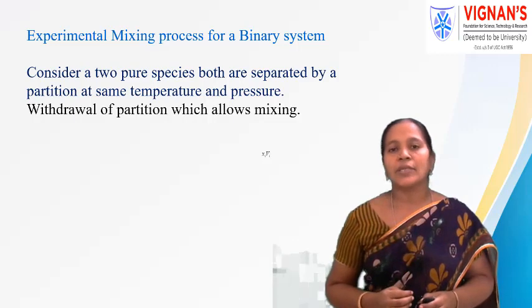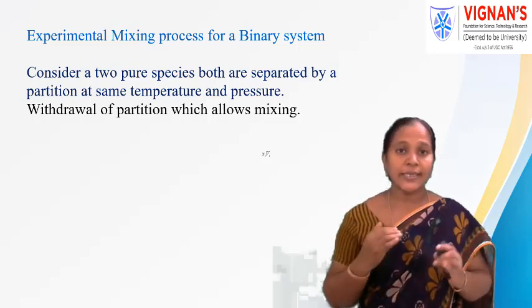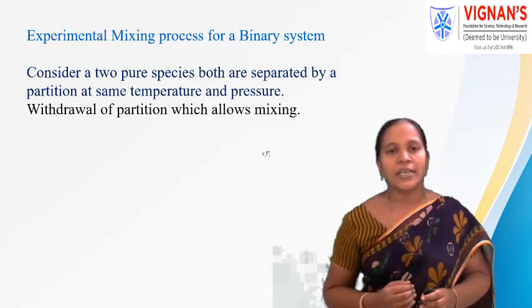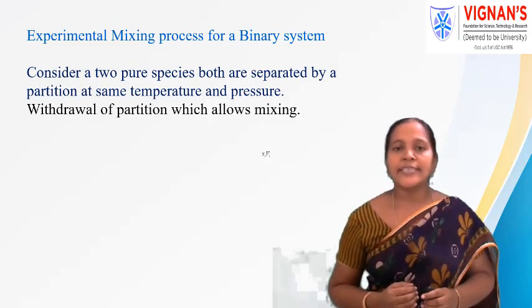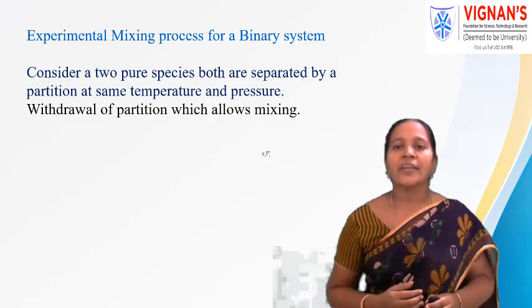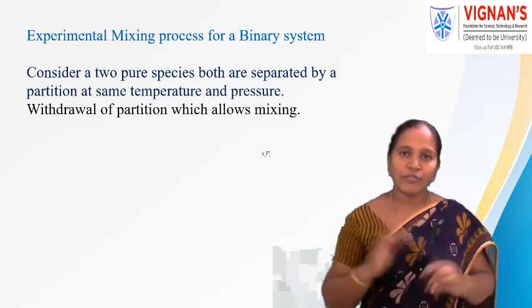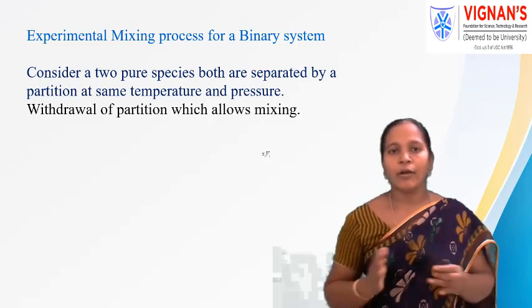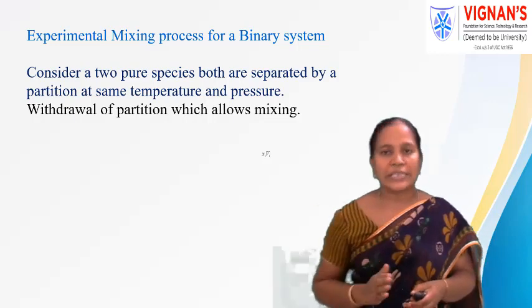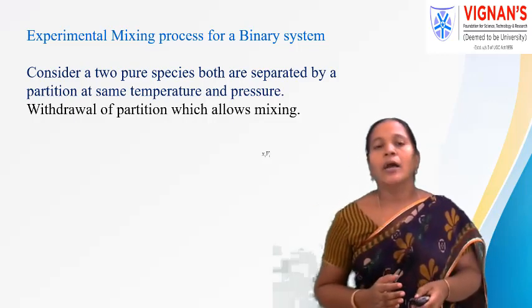VE is equal to delta V. HE is equal to delta H. These equations show that excess properties and property changes of mixing are readily calculated from each other. If the excess property is known, we can automatically calculate the property change of mixing.